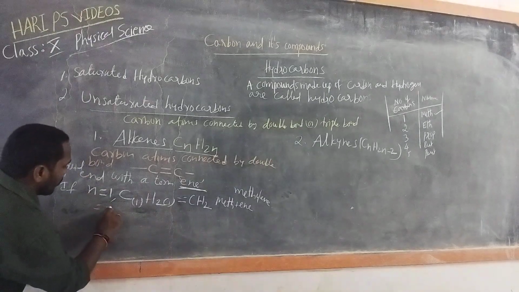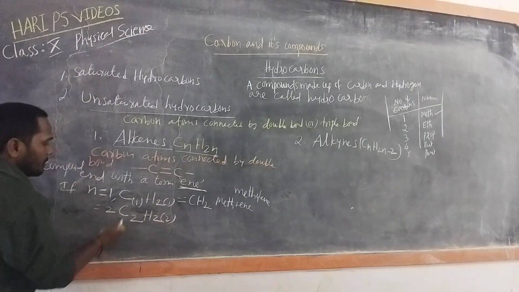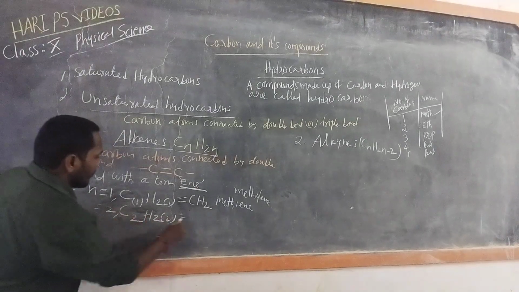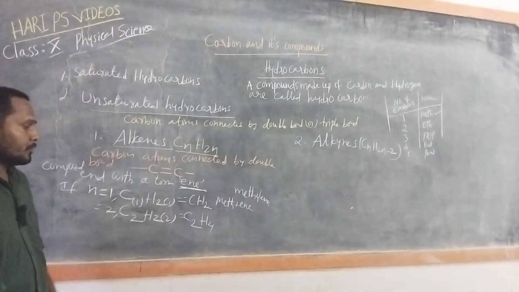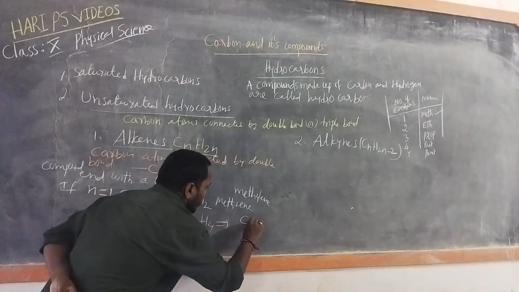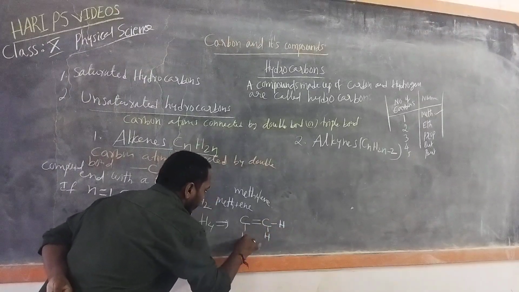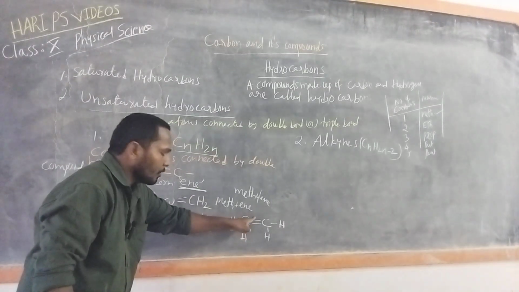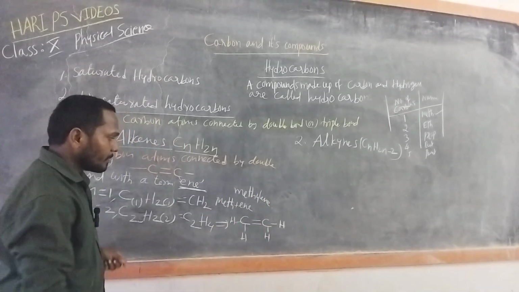If n is equal to 2, then C2H4. When you write this structure, C double bond C, with hydrogen, hydrogen, hydrogen, hydrogen. See the valence, 1 2 3 4 for one carbon, 1 2 3 4 for another carbon, tetravalency is satisfied.